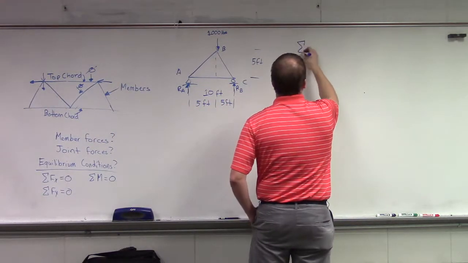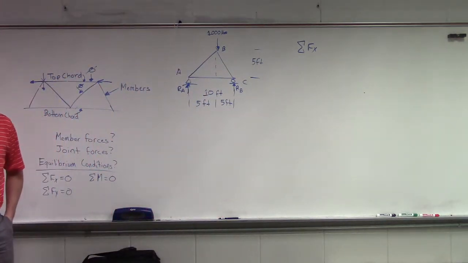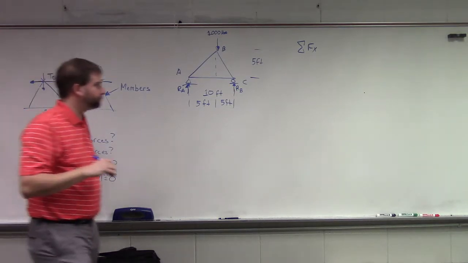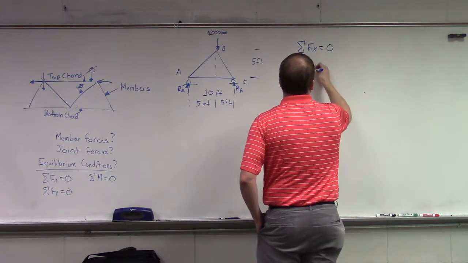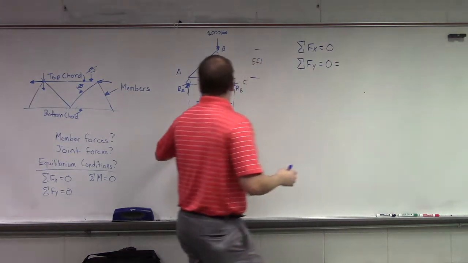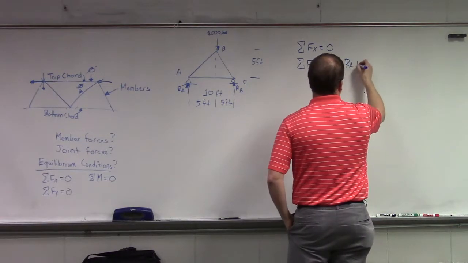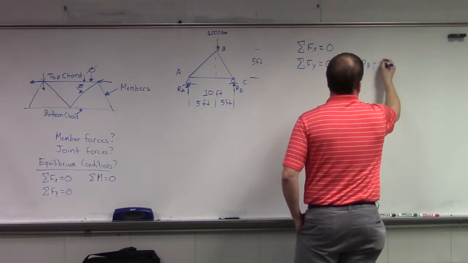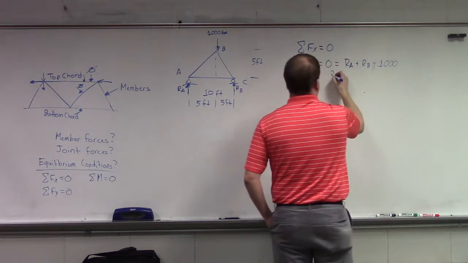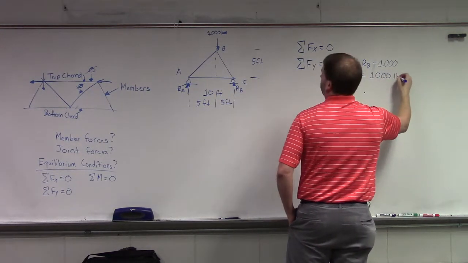So, our equilibrium conditions for the truss itself. Are there any forces acting in the X direction? Okay. And then we know that RA plus RB has to equal 1,000. Question.